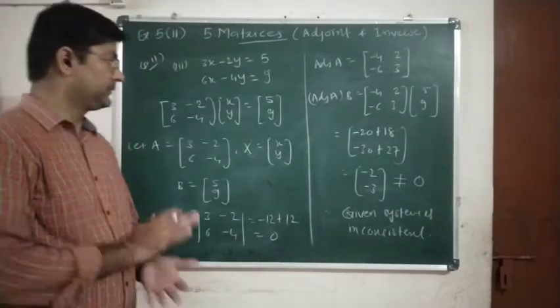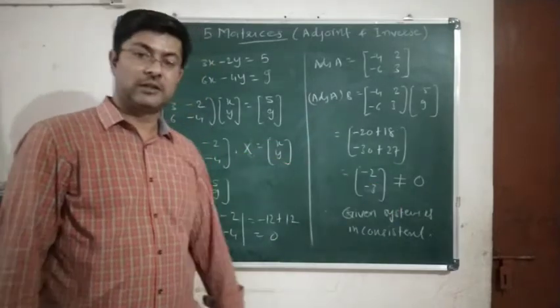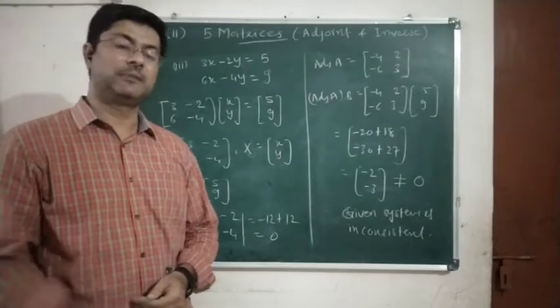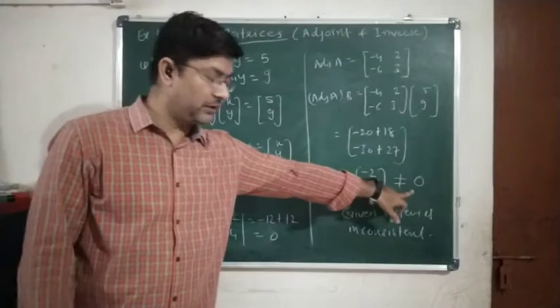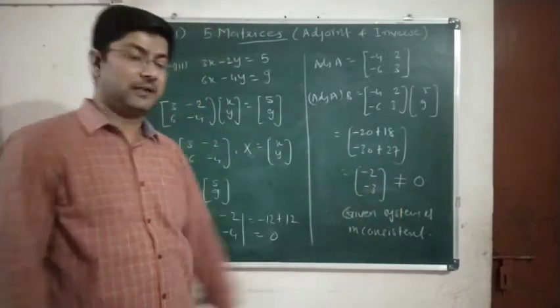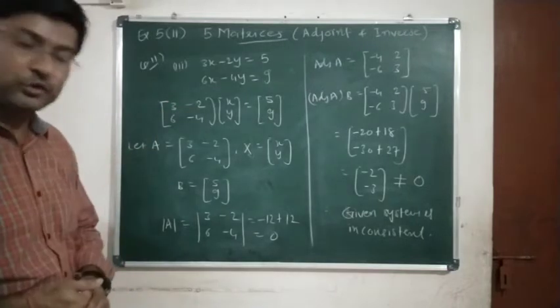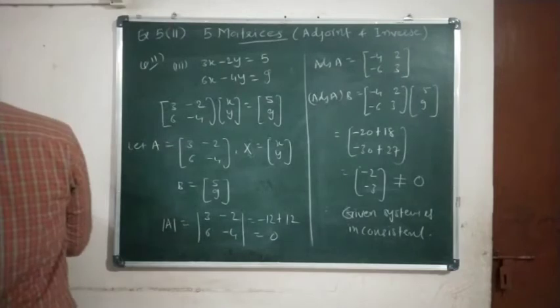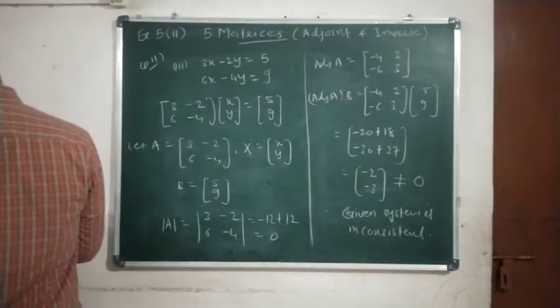Suppose if adjoint of A into B is equal to the null matrix, then the system of equations is consistent and has infinitely many solutions. But here since we are getting the product to be a non-null matrix, the system is inconsistent, which means the given system has no solutions. Clear? So question number 11 third one we have completed.